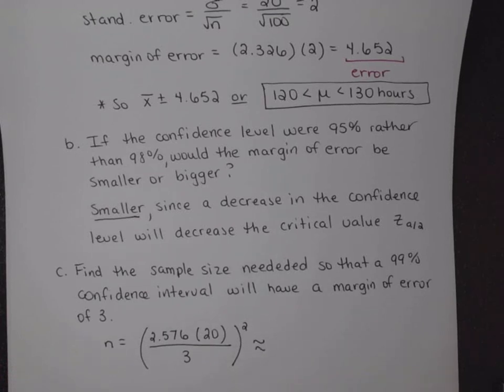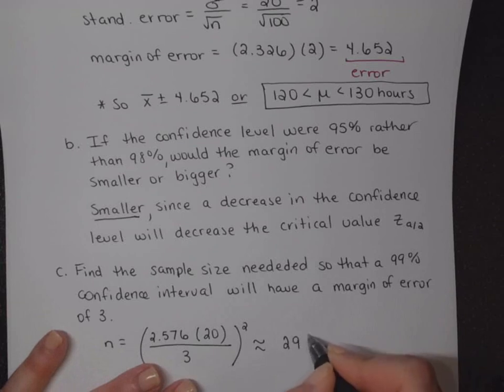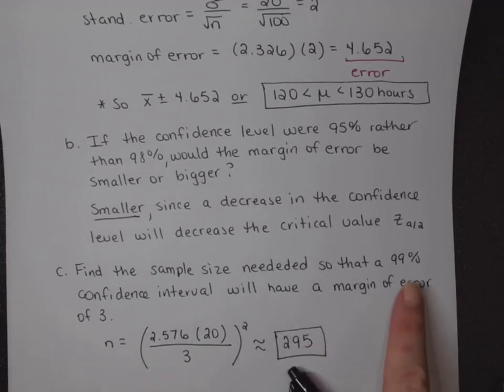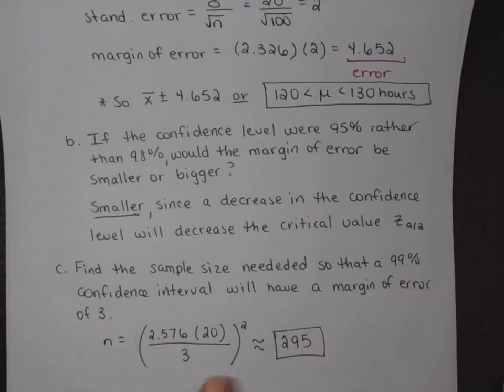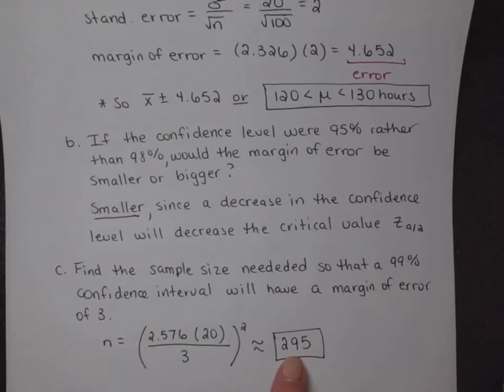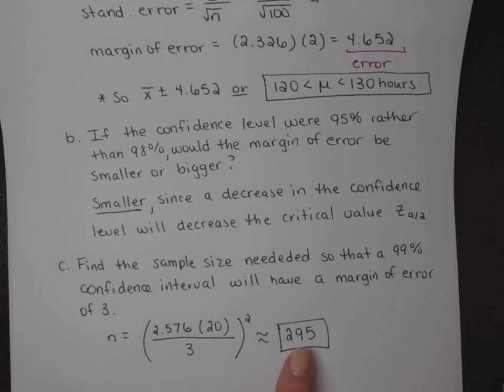So if I do that out, let me work that out. I get 294 point something, and so it would be 295. In other words, if I'm going to want to be 99% confident that my error isn't more than this, I'm going to need to sample more than the 100 electronic components. I'm actually going to need to sample 295 of them.